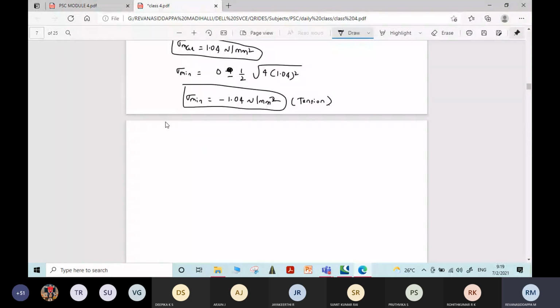Hence, with axial pre-stress, the principal tension is reduced by.